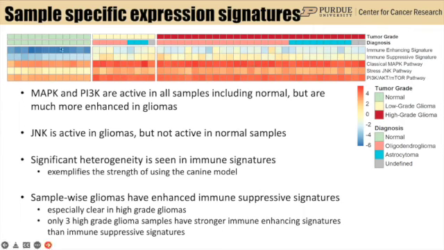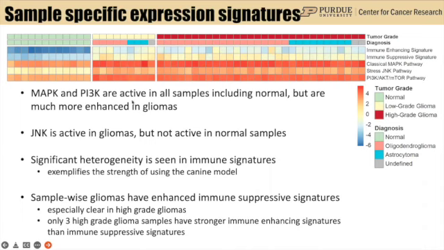You can see that we've annotated tumor grades. These are all the normal samples here, the yellow bar at the top depicts low grade samples, and on the right we have high grade samples.